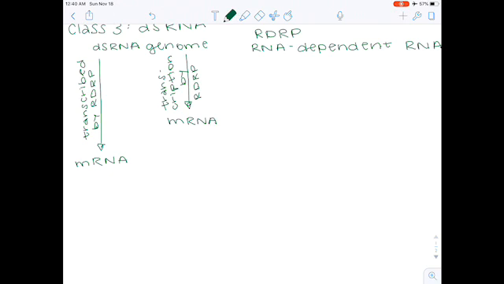Alright, and that is going to make, again, mRNA. The reason why we're repeating this is just to show what happens on both sides while we're trying to do the genome on this side and the proteins on this side. And that mRNA is going to be translated into proteins that are going to make the nucleocapsid.